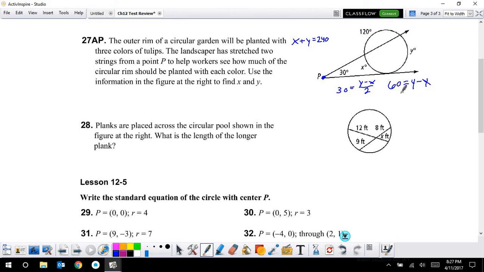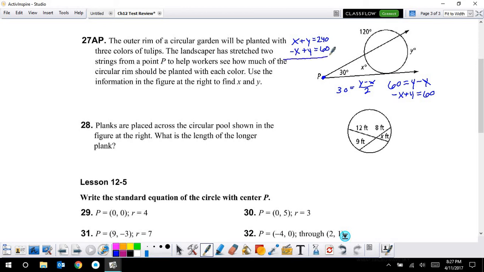So I'm going to go ahead and flip that around. We're going to say that negative x plus y is going to equal 60. Same thing. Okay, so we're going to go ahead and line that up. So we've got negative x plus y is going to be 60 degrees.